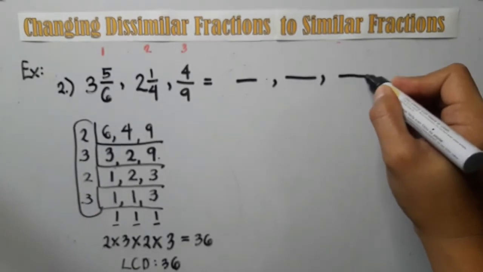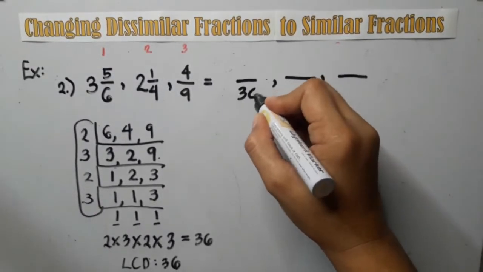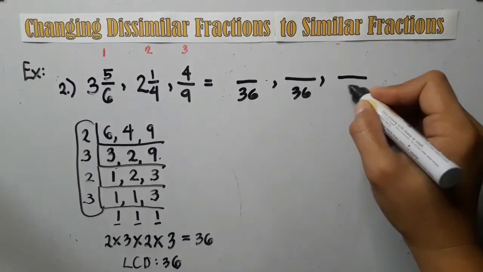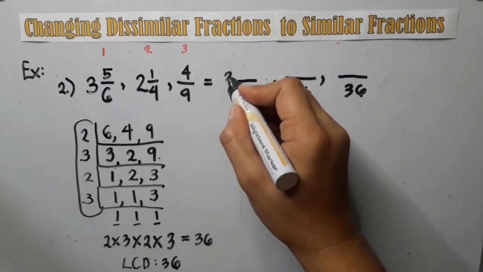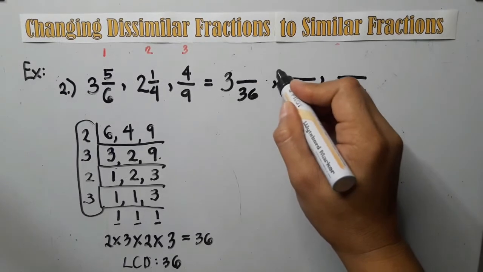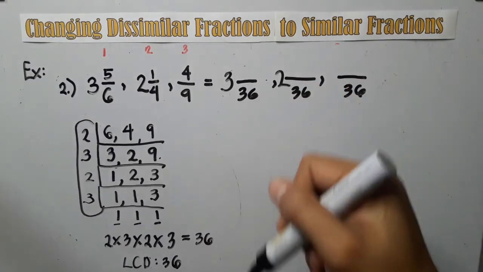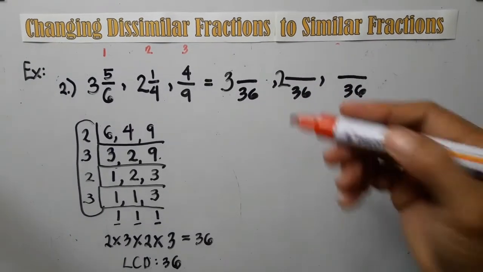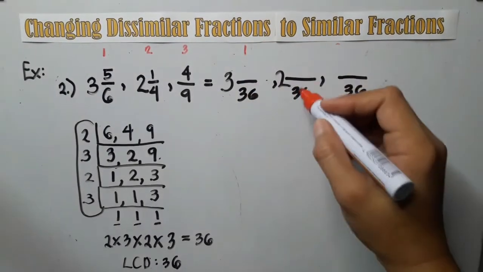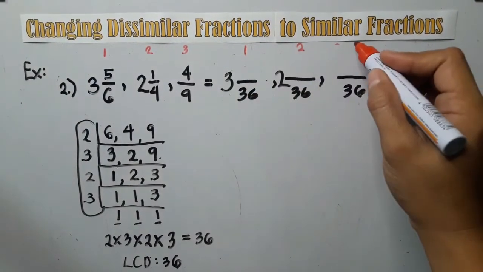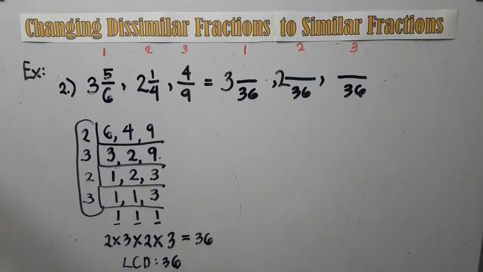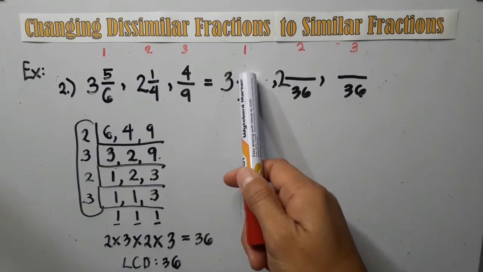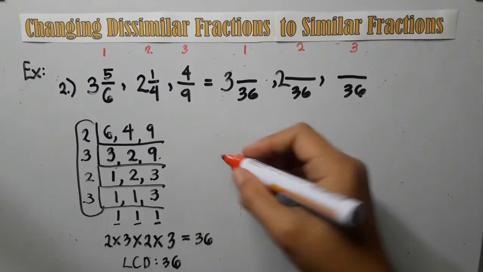So, we're going to write the LCD here, that is 36. And then, you will copy the whole number here and also the whole number 2 here. So, this is our fraction number 1, our fraction number 2, and our fraction number 3. So, we're going to find the numerator for our fraction number 1.